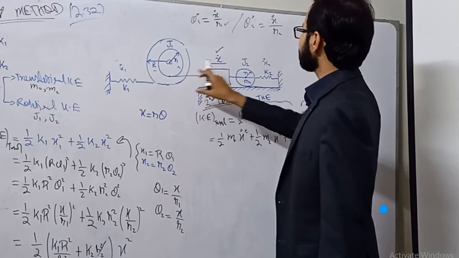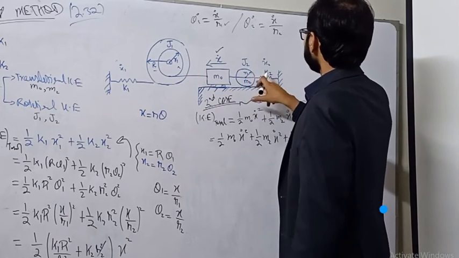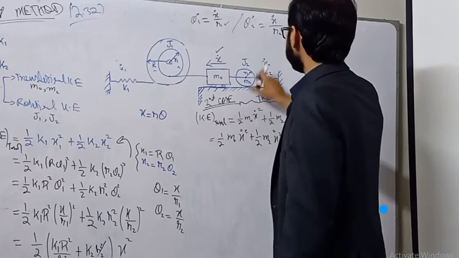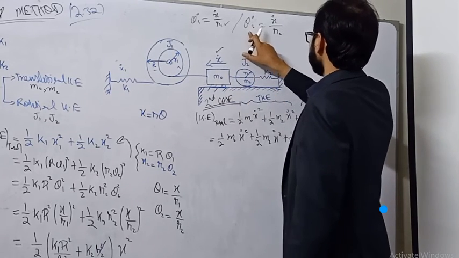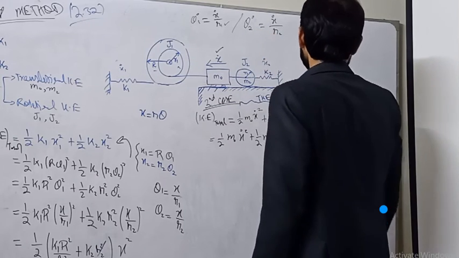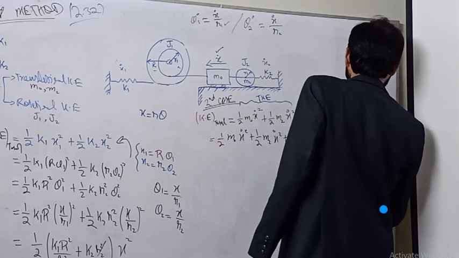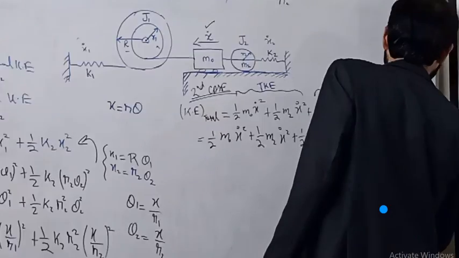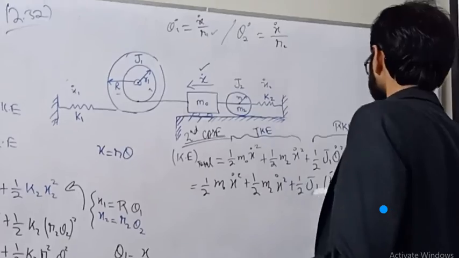Why? Because this is for the second disk that has radius r2. So I have converted the rotational displacement into rotational velocity, and r2 because it is for the second mass. So half J2 times x naught divided by r2, whole squared.